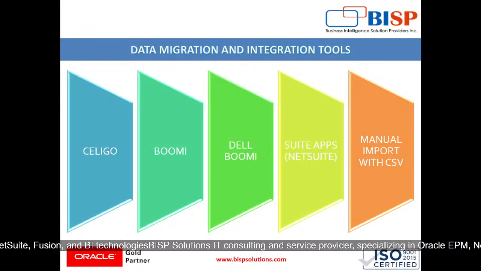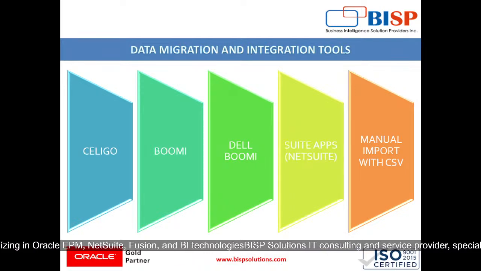After that, we discussed data migration and integration tools. First was Celigo, which automates data migration and integrates QuickBooks with NetSuite. Then Boomi, a cloud-based integration tool for seamless data transfer and syncing. Then Dell Boomi, which supports complex integrations and workflows.